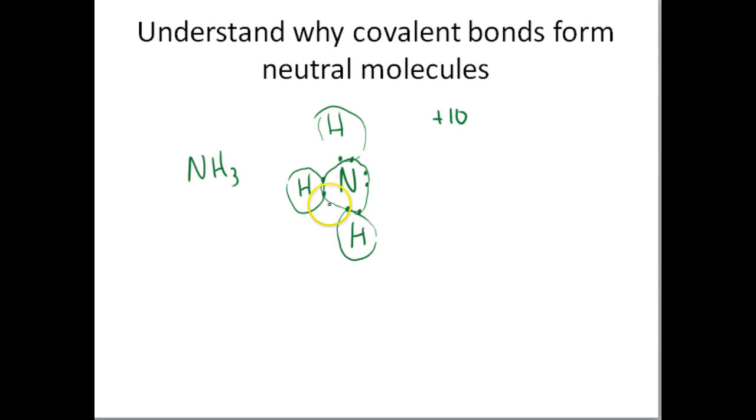Or we could just think about, we can see 8 electrons here, plus the 1s energy level of the nitrogen. So the 8 that we can see, plus the 2 that we can't see that aren't drawn here from nitrogen's 1s, gives us a minus 10 charge. And we end up with this neutral molecule.